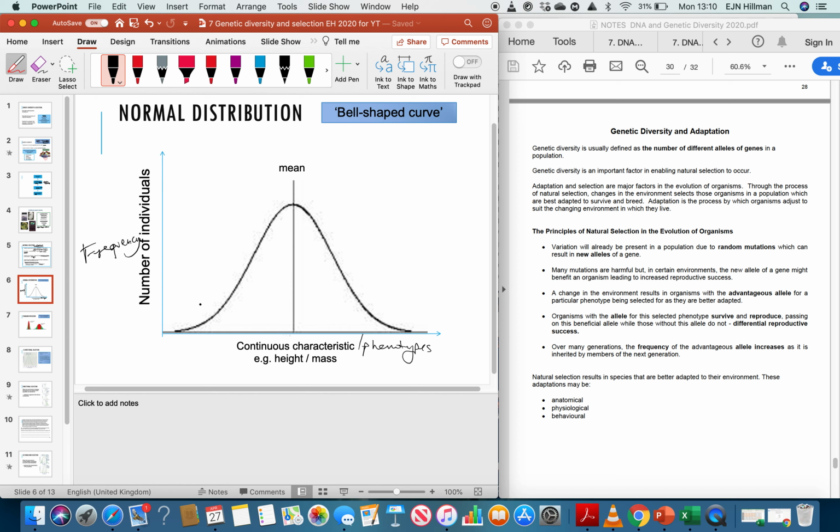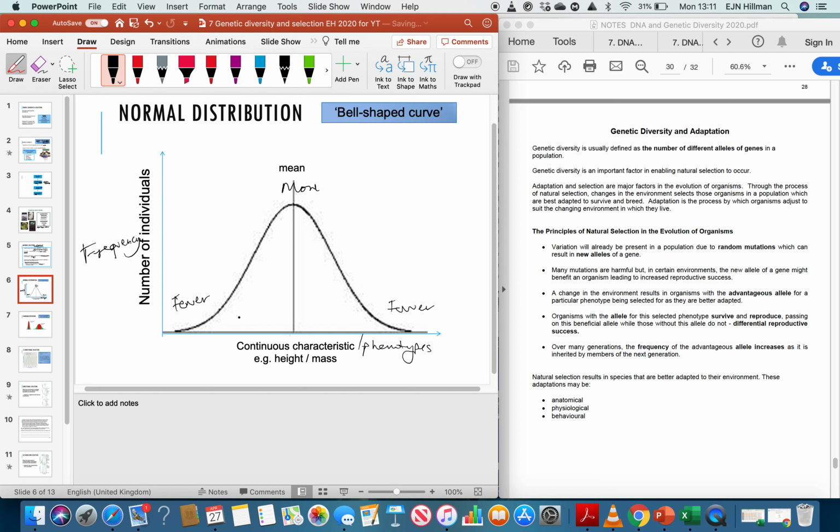And what we tend to find is there are fewer of those individuals at the extremes of this phenotype or characteristic, and there are more at the mean. It's a very common normal distribution, sometimes referred to as the bell-shaped curve, and we see that really often.